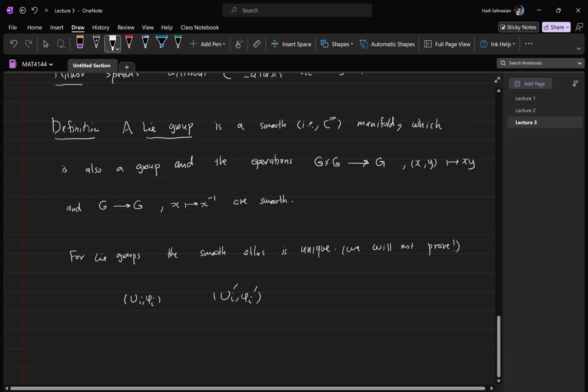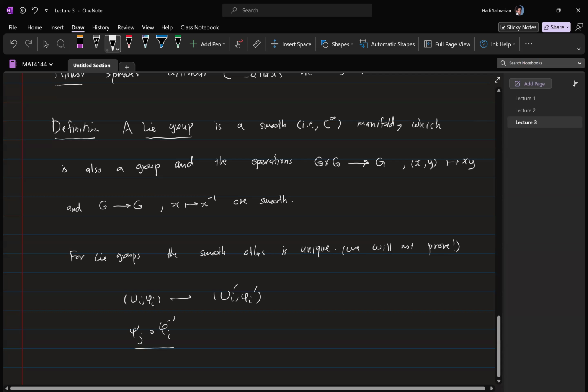So you say they're equivalent if the transitions between them also have the same differentiability. They're in the same differentiability class. So in other words, you want phi_i inverse composed with phi'_j to be smooth.